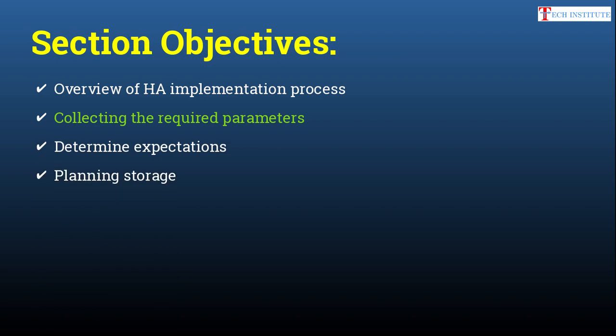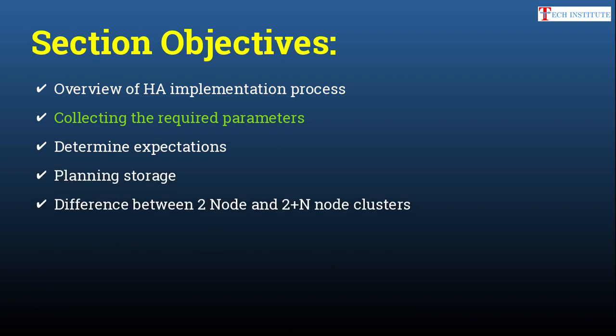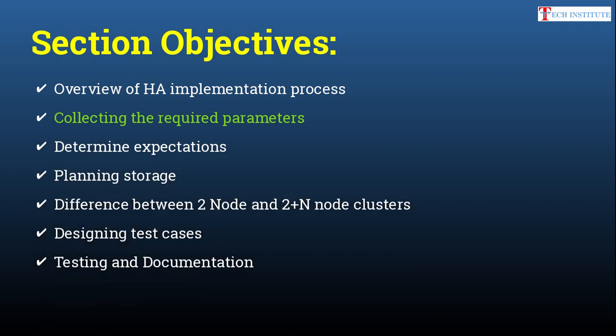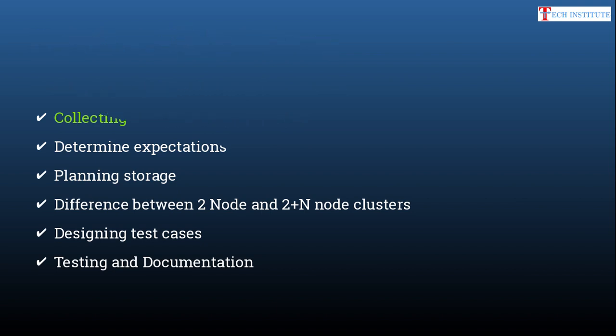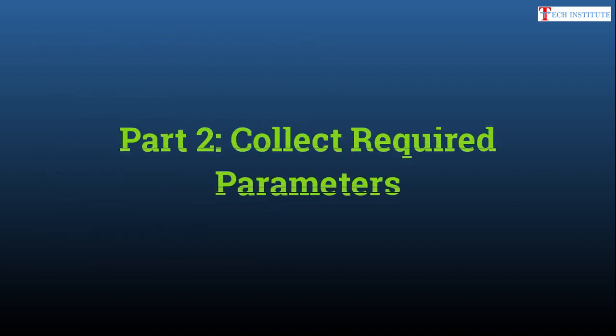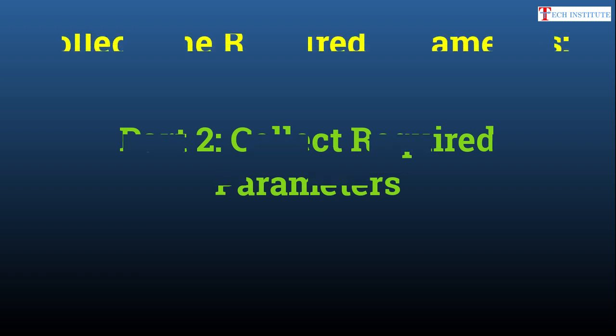The rest of the parts we will discuss in upcoming videos, where we will cover expectations, then planning storage, then the difference between 2 node and 2 plus n node clusters, then how you can design test cases, how you can conduct the testing and make the documentation ready. So let's start with part 2, collecting the required parameters.